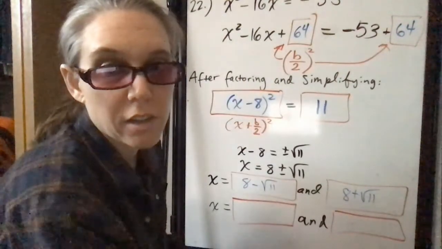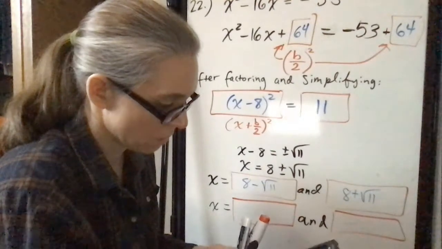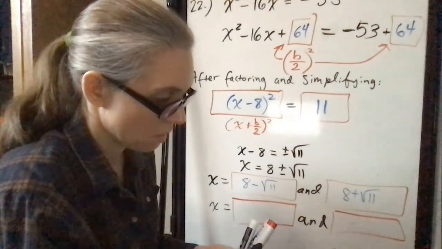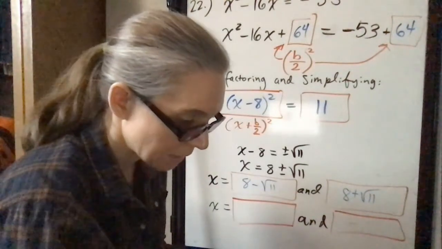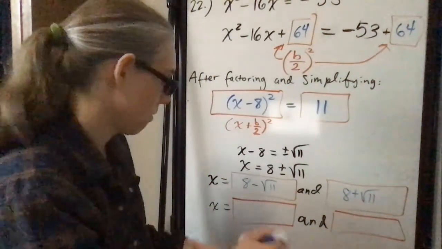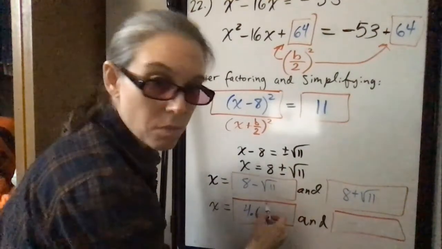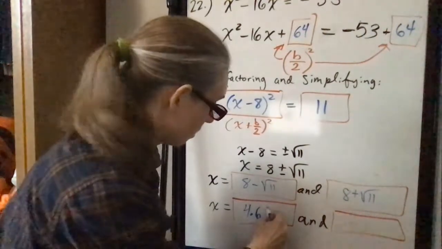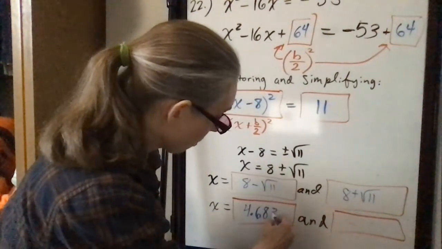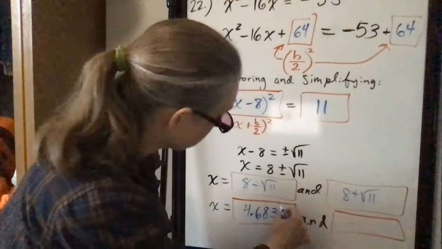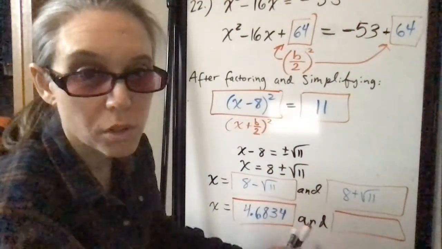So you type that in the calculator. You have 8 minus the square root of 11, and that is 4.683. Oh, 10 thousandths. Here's your tenths, your hundredths, your thousandths. Your 10 thousandths is going to be one more decimal place. So for this one you need to go 4 decimal places.